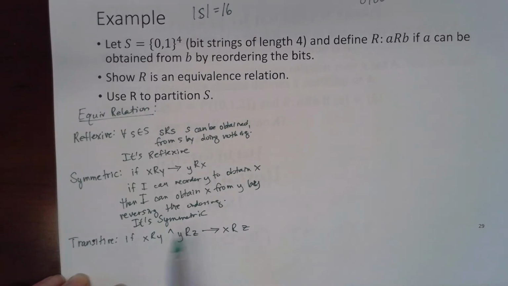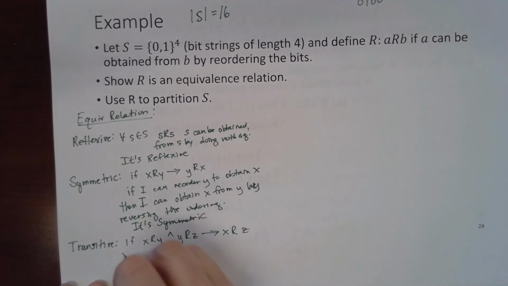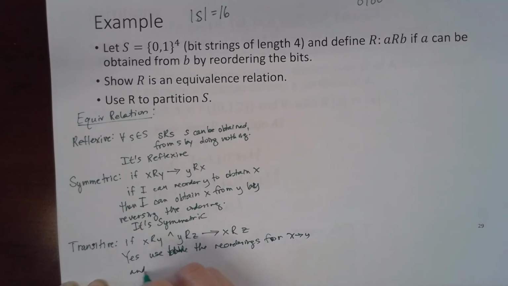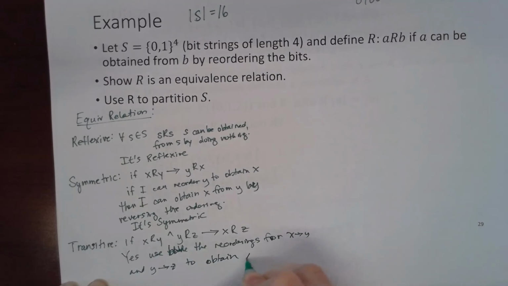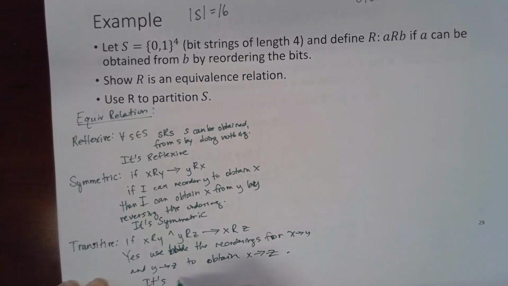Sure, just take X, reorder it, turn it into Y, and then use whatever ordering you had there to turn it into Z, and now I've reordered X into Z. Yes, use both the reorderings for X to Y and Y to Z to obtain X to Z. So it's definitely transitive.